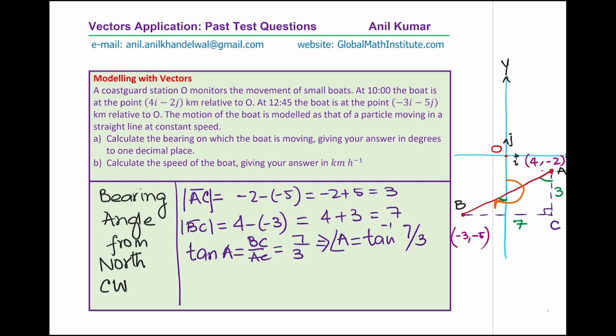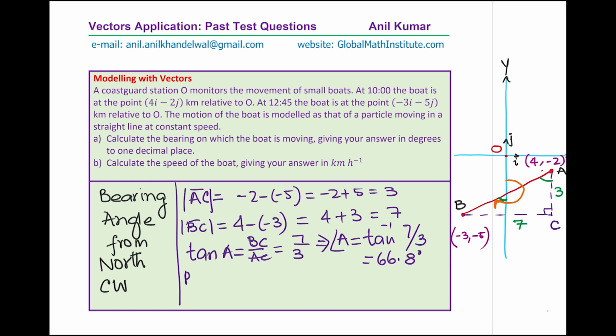We need to find this in degrees, so we should have our calculator in degrees, and we press shift, tan inverse, 7 divided by 3, which gives the angle 66.8. So we get this angle as 66.8 degrees. Is that clear to you?